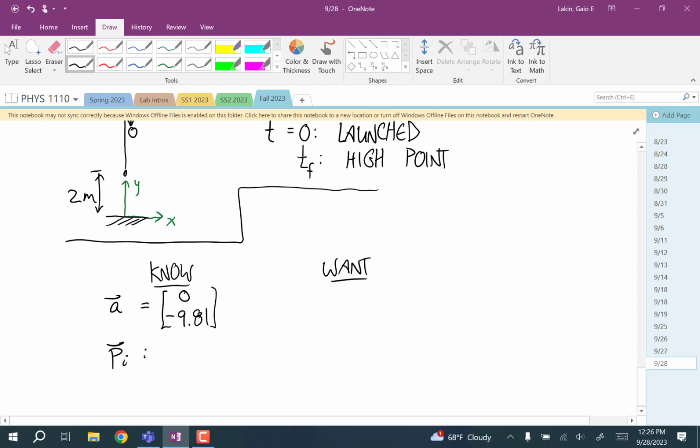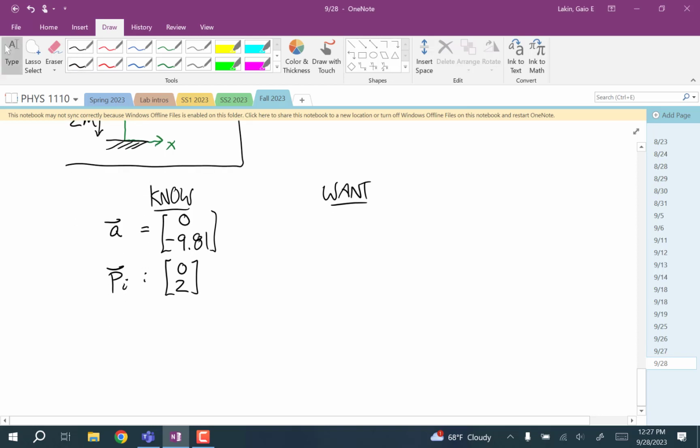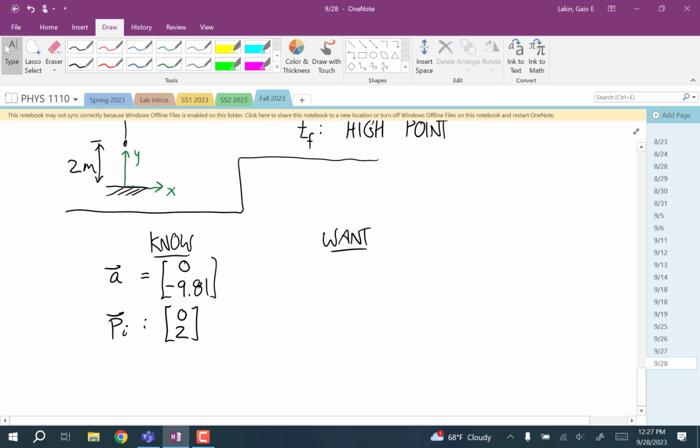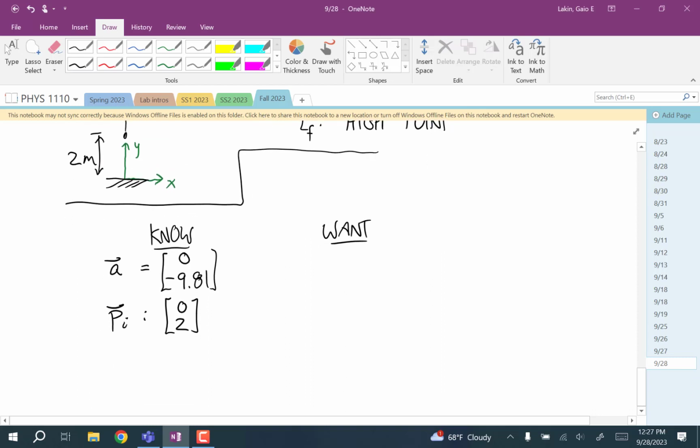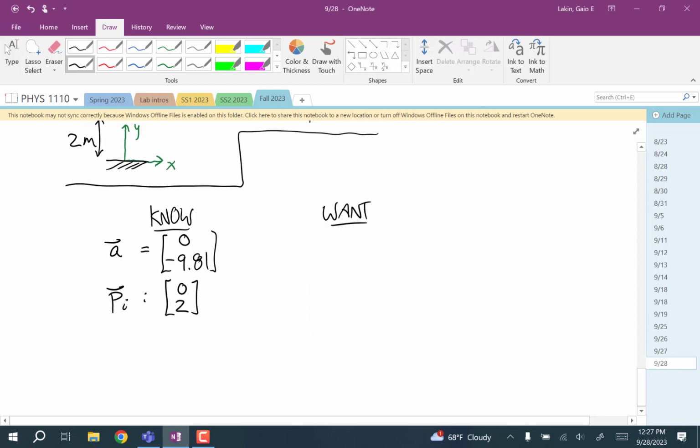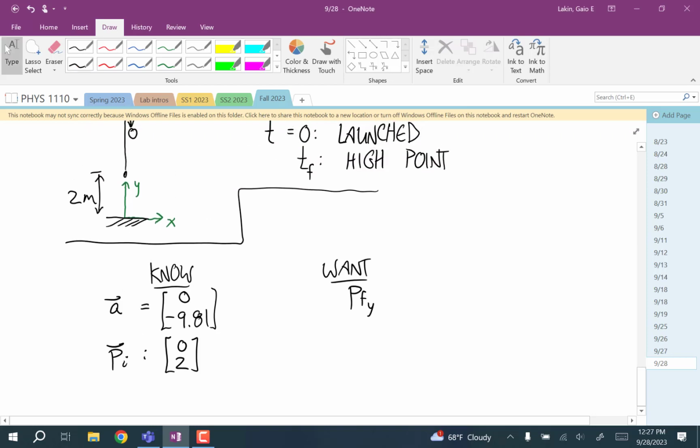P initial is 0 for x, 2 for y. P final, well, let's say we don't know anything about that and we're trying to find P final y. Okay. V initial, okay, so now you have to think about a velocity vector.